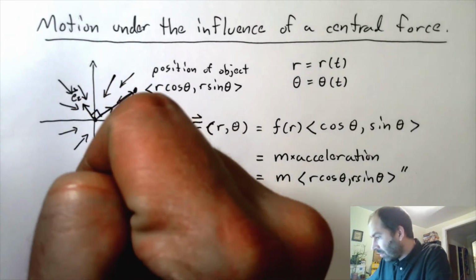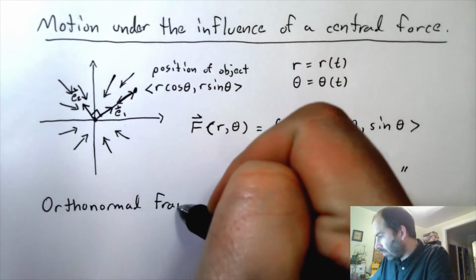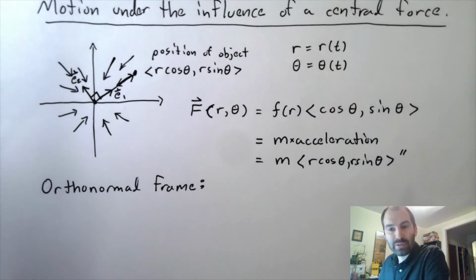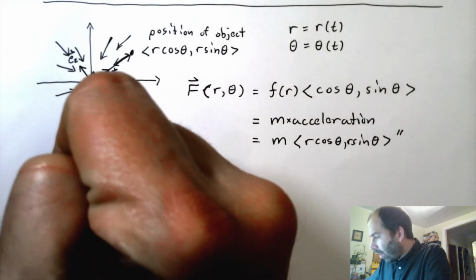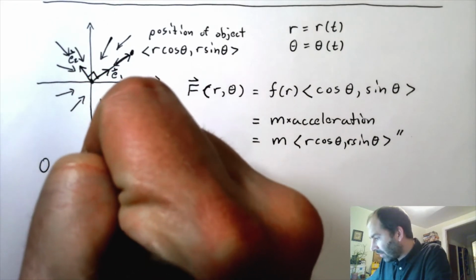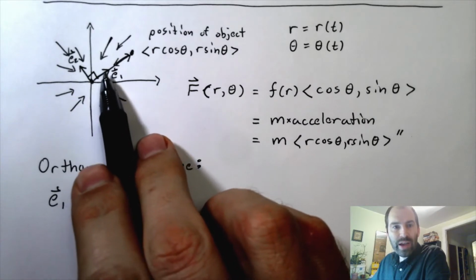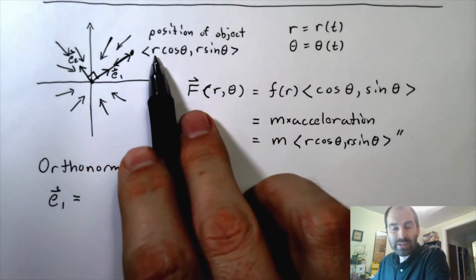So this is often a useful thing to do when you're trying to describe things in space. E1, this vector, is pointing directly at the object except it has unit length. To get a unit vector out of this, I just divide by its length, which is r.